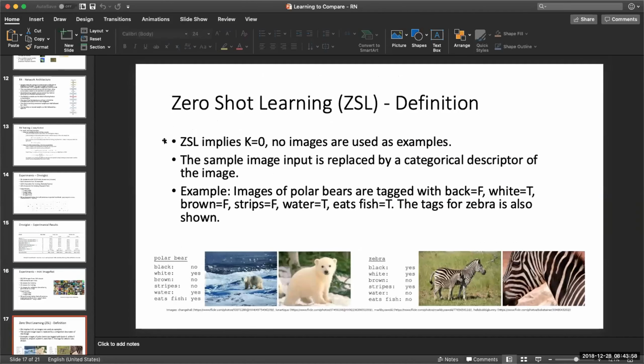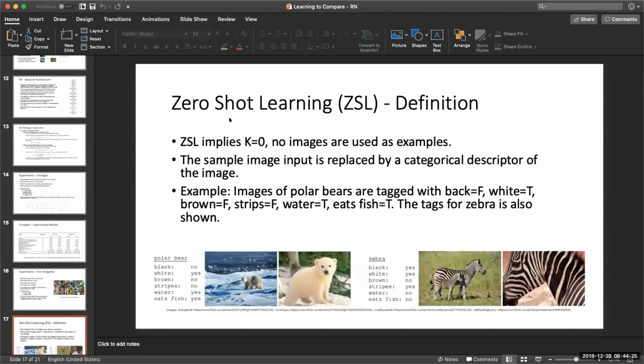So far I've mainly talked about few-shot learning. I haven't talked about zero-shot learning. That's part of the paper, and it goes into quite a bit of detail on zero-shot learning. I don't know if I'll have time to do that today.